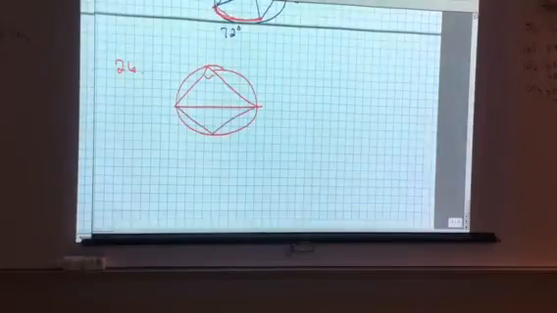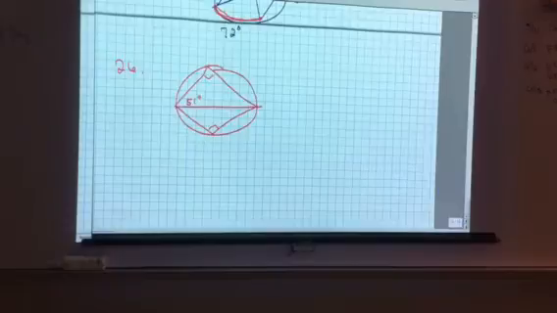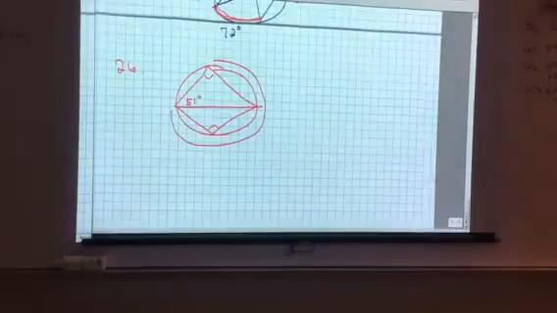I have a right triangle down here. ADB is 51 degrees, so that's right there. What is the measure of arc ACE? So they want from here all the way to here, so everything except this part right here.